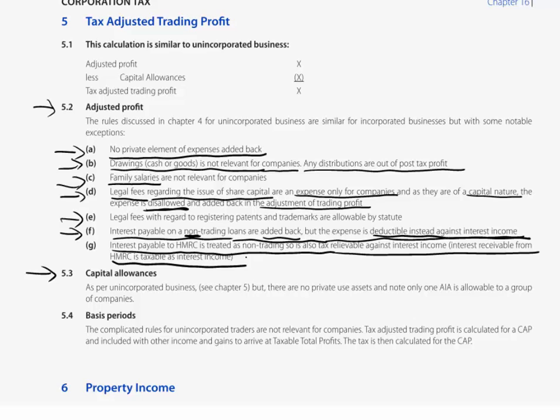If it is a non-trading loan, then we disallow in the adjustment of trading profits, we add it back and deduct it instead against interest income. And that rule is also applied to interest payable on non-trading loans. Disallowed in the adjustment of profit, it is added back in the adjustment of trading profit, but instead it is deducted against the interest income.